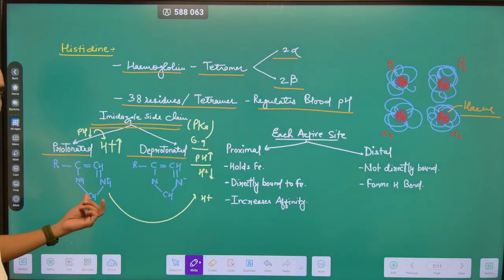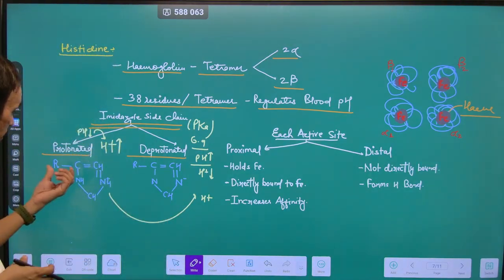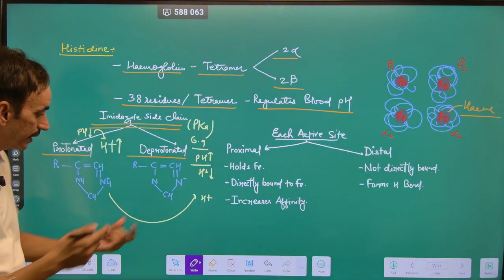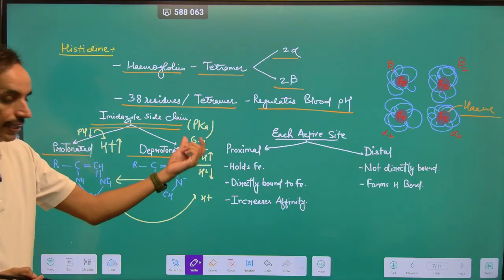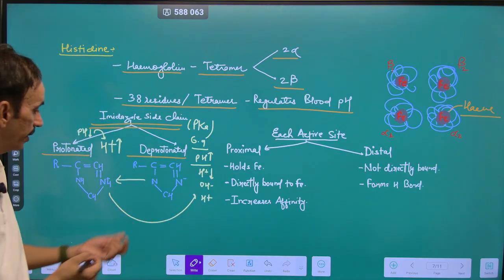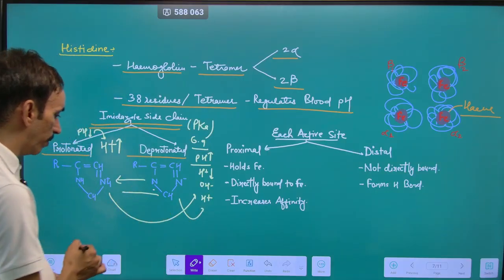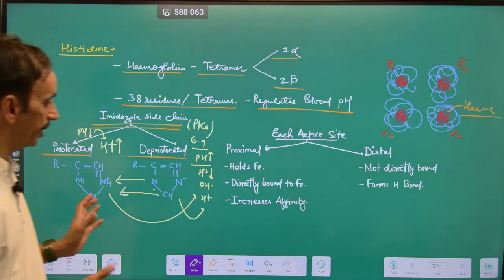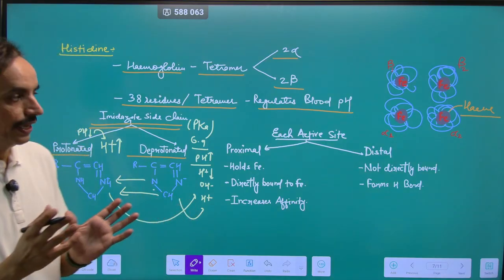Under that condition, the solution has more H plus ion, so the deprotonated form will take up the H plus ion and convert into this particular form. And if the pH increases, there is less H plus ion, there is more OH ion. Under that condition, it will leave the H plus ion and convert into this particular form. So there are deprotonated and protonated forms which resist the change in pH. That's why it can act as a buffering agent.